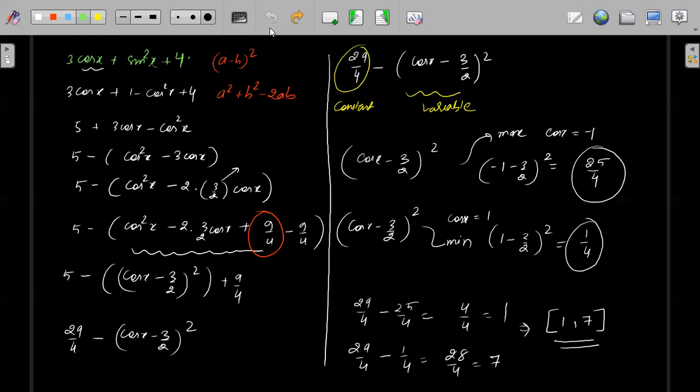If I am adding 9 by 4, I'm subtracting 9 by 4. Now if my plus 9 by 4 is used in this, minus 9 by 4 multiplied with this minus sign will become plus 9 by 4, understood?